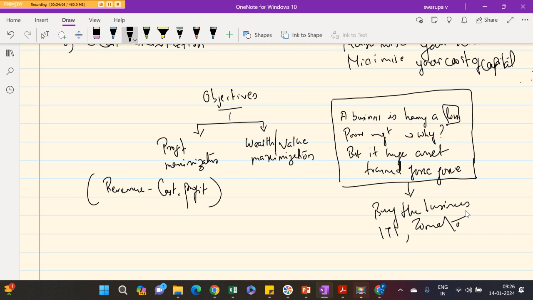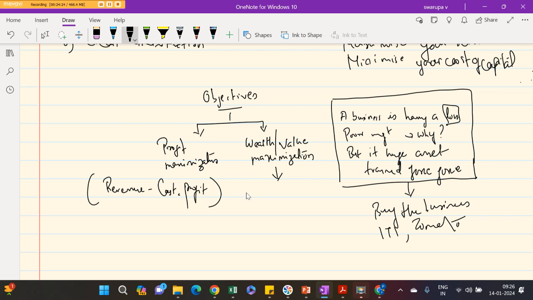Because of that, they will have a value. So that is value maximization or wealth maximization. That is also one of the objectives of financial management. It is not just to increase the profit in the books, but to increase the worth of the business.